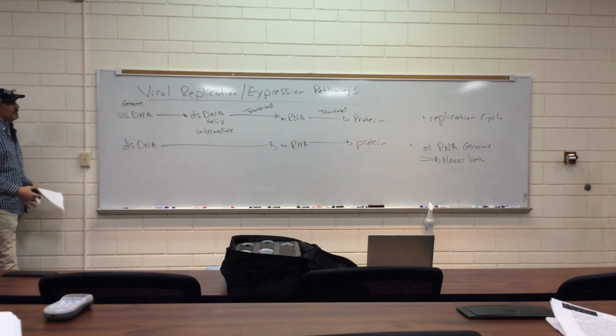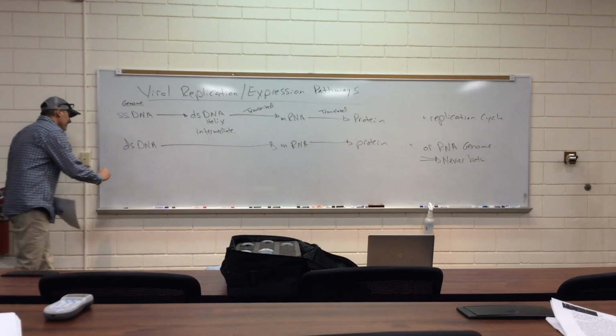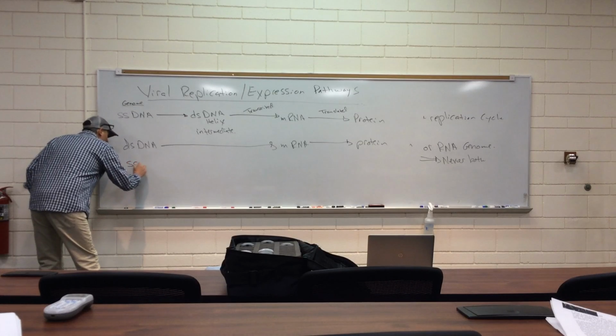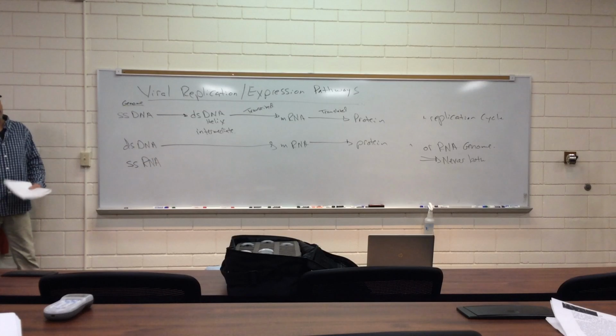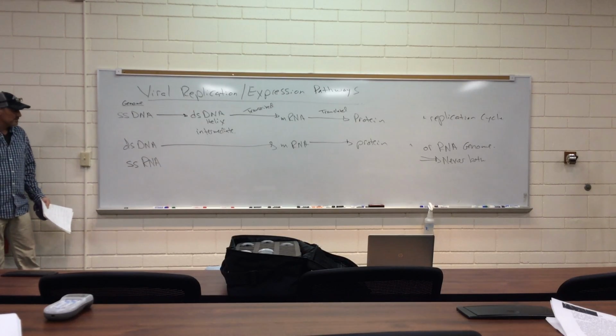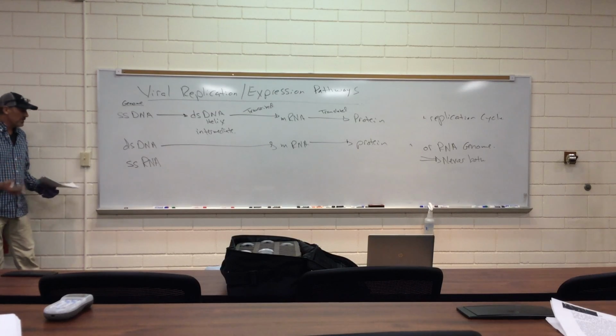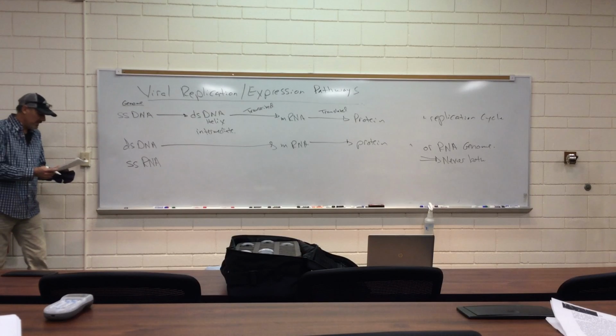But when we head into the RNA genomes, that's when things get a little bit crazy. So we can have single-stranded RNA that we call either positive or negative sense, and we'll try to describe the difference. We'll start with the negative sense.